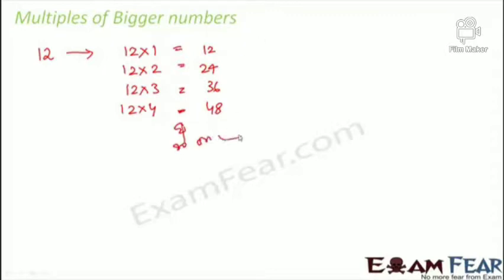This can go till infinity. So there exist infinite multiples of any number. Even for bigger numbers like 20, it would be 20 into 1, which is 20, 20 into 2, which is 40, 20 into 3, which is 60, and so on.